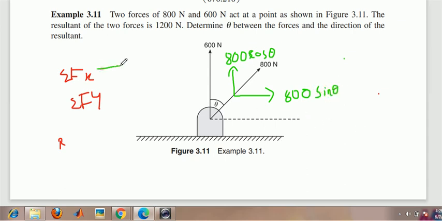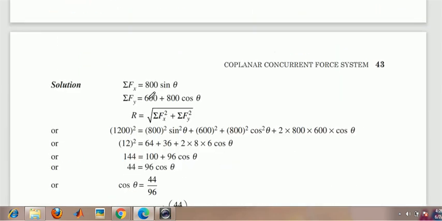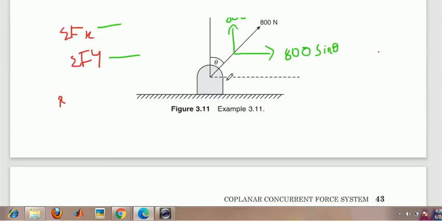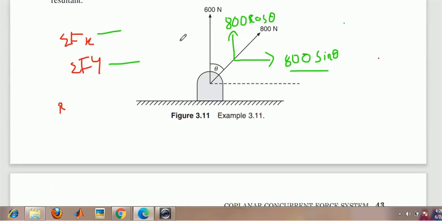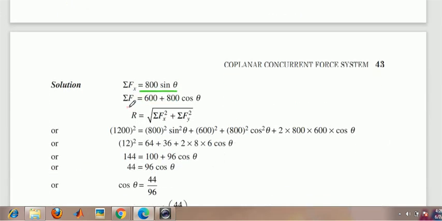Now just find out Fx and Fy. You can observe here Fx means only one force, that is the resolved inclined force 800 sin theta. Fy means we are having two forces, 600 and 800 cos theta. Both are moving upward, therefore positive: 600 plus 800 cos theta.